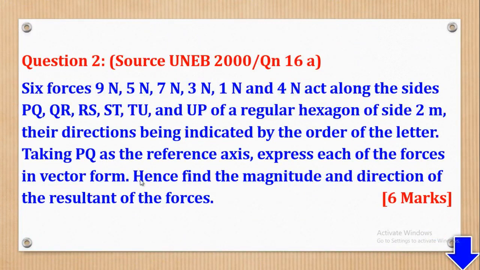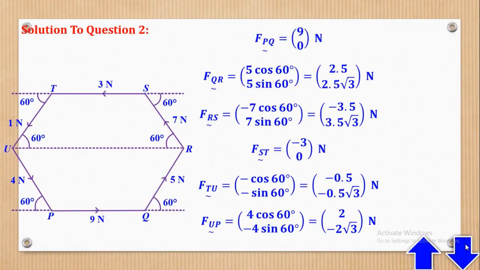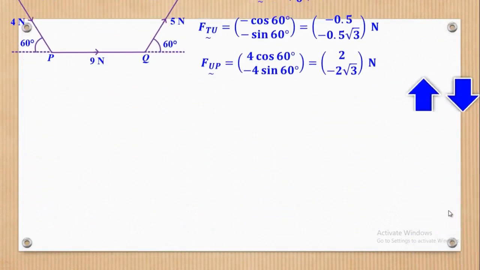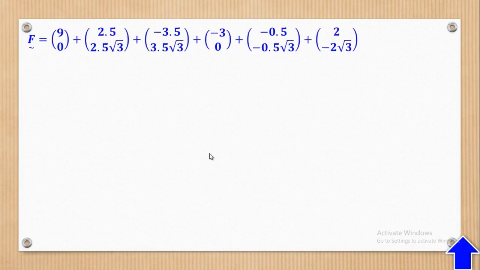Now we shall go to the hence part, where they want us to find the magnitude and direction of the resultant of the forces. For the resultant, we shall have to add all the forces we have calculated above in vector form, and when I add, I'll come up with horizontal component being equal to 6.5 and vertical component being equal to 3.5 root 3.